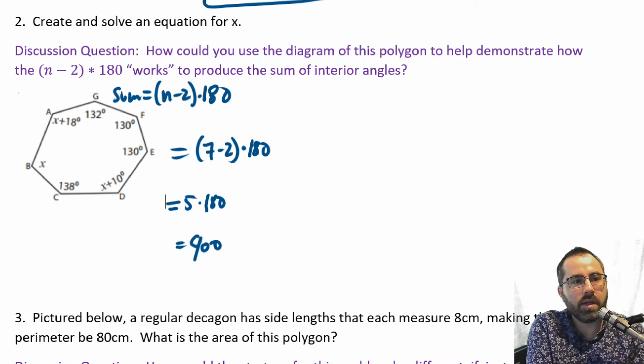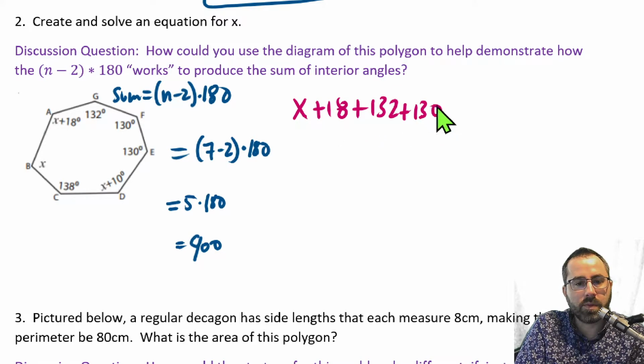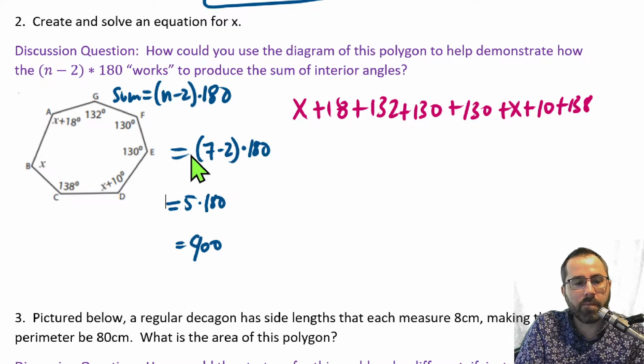So here we go. Let's do it. I'll do another color. So we'll say x plus 18, first angle, plus 132, plus 130, plus 130, plus x plus 10, plus 138, plus the last angle x.